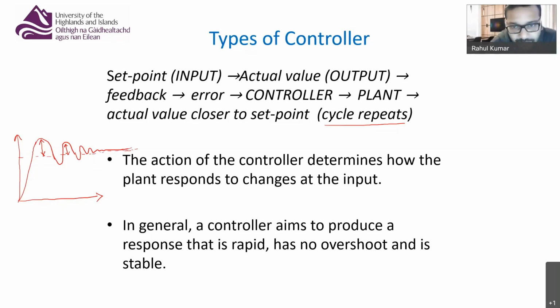Finally, after some time or after some cycles, right? Maybe in the first cycle you had a large error which your controller reduced in the second cycle, and gradually it keeps on reducing it in the consecutive cycles, the third, fourth, fifth, and finally after a few cycles your output is around your desired value.